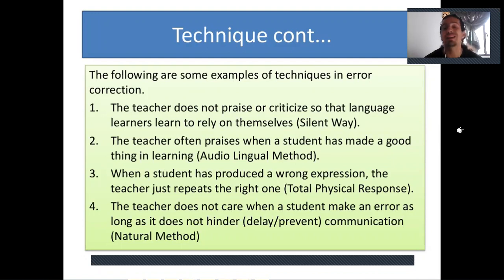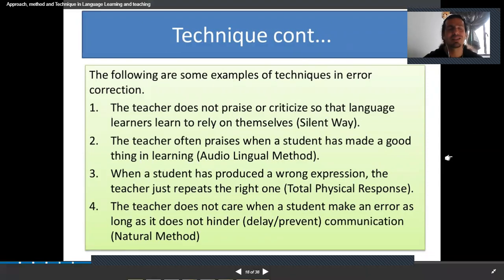Okay. Because some ideas that are going to be improvised can be lost. Now, talking about the natural method, it says over there that the teacher does not care when students make errors as long as it does not hinder the communication, meaning that it does not interrupt the communication.